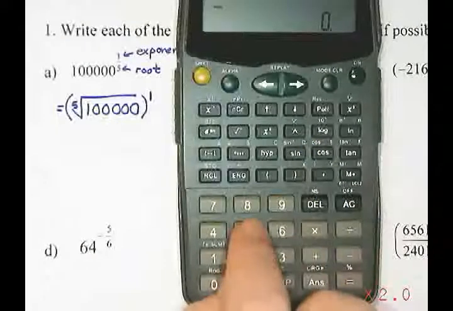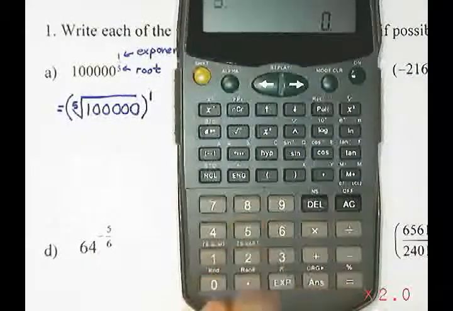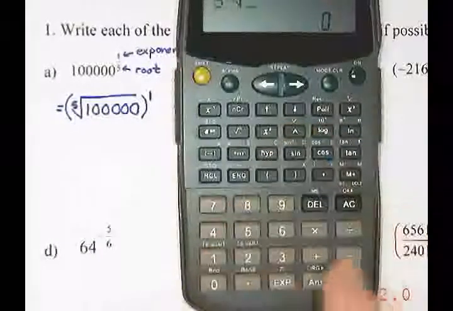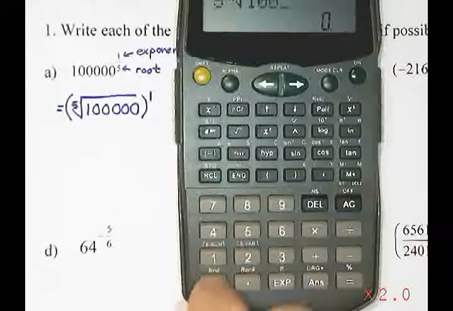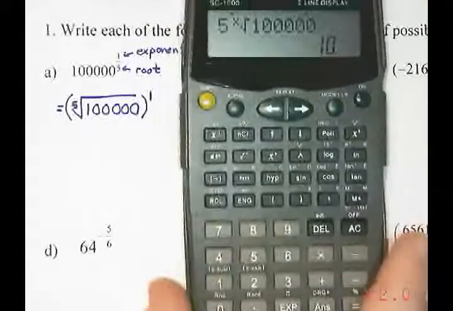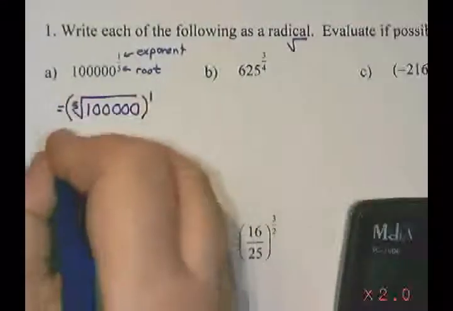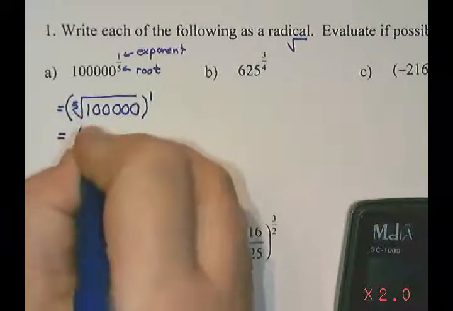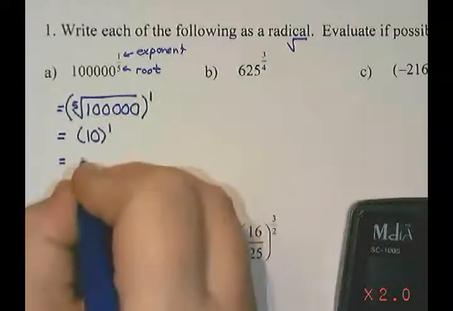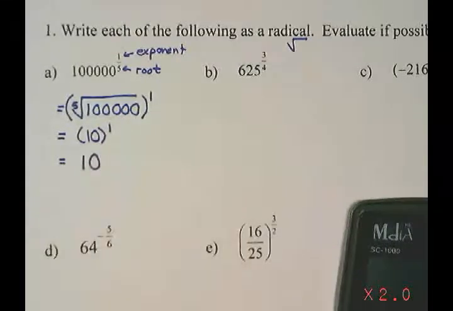So I would put in 5, then second function or shift of the exponent button, and then 100,000, which equals 10. So this is 10 to the power of 1, and anything to the power of 1 is just itself, so this is 10.